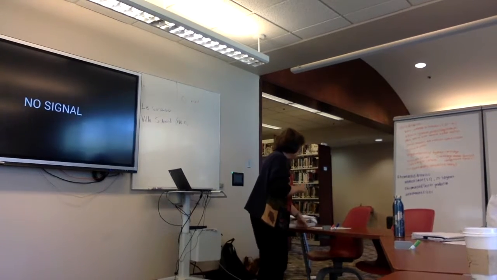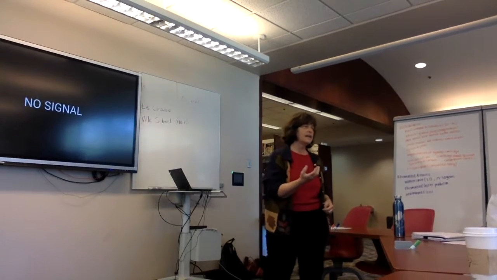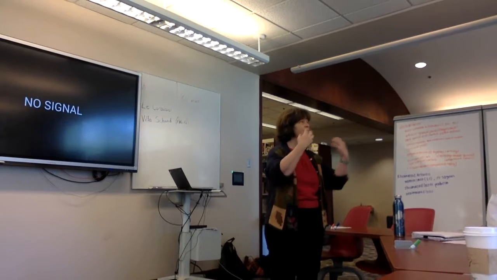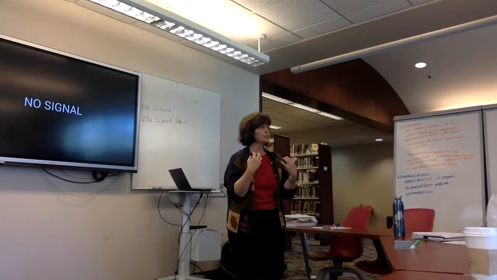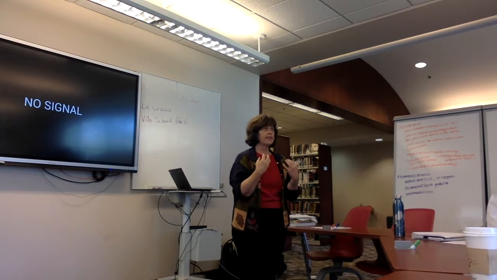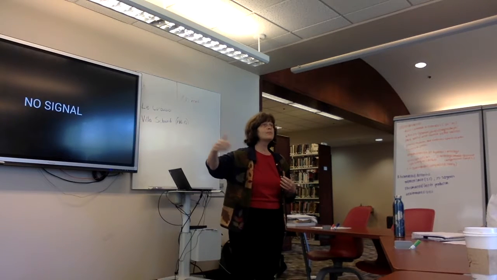So metacognition really is planning. It's the ability to reflect on what's going on and then say, this is working or it's not, and then make a plan to go in a different direction or to keep going in a direction.